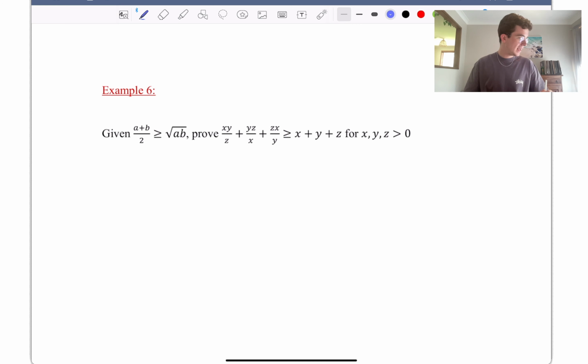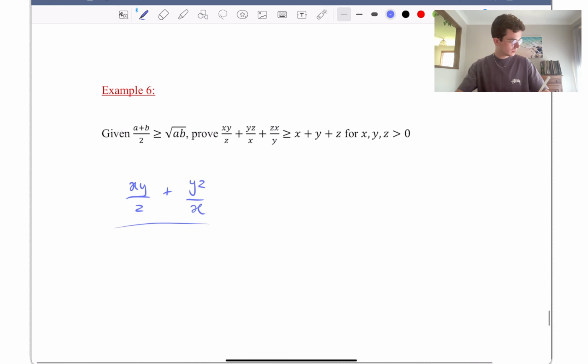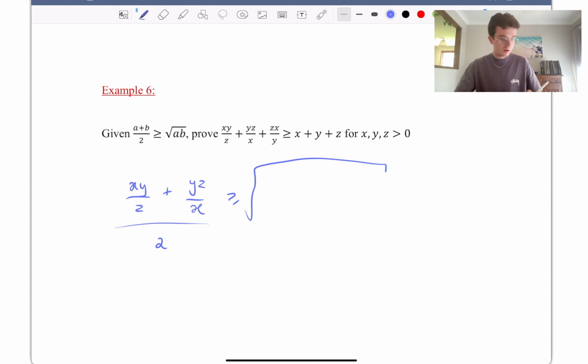So what would be easiest to do here is we might say that xy on z plus yz on x over 2 is greater than or equal to the square root of, if we multiply those two together, we're going to get xy squared z on zx.